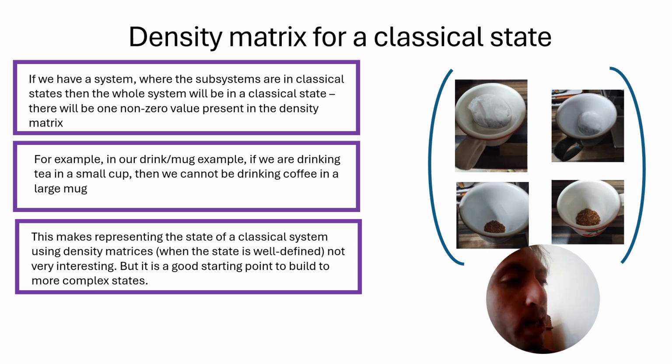However, as we've said, the advantage with density matrices is we can do so much with them that extends far beyond just describing pure classical states. In the next slide we'll look at mixed classical states, which is where density matrices really start coming into their own, even when we're not looking at composite systems.